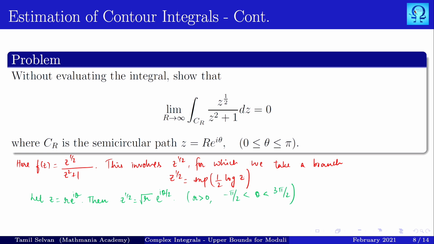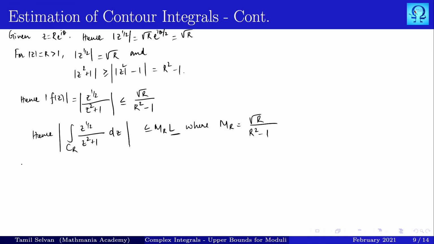From this we notice that the radius of the semicircle is R, and we are looking for the length of a semicircle, which is simply pi R. So from observation we get L equals pi R. Hence the integral over C_R, absolute of this value.